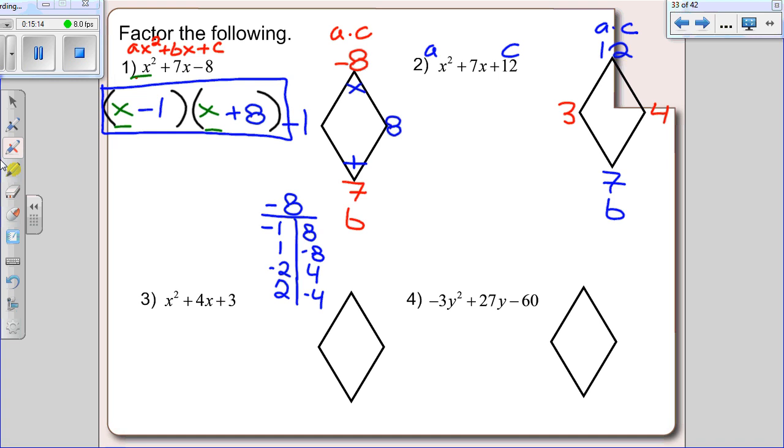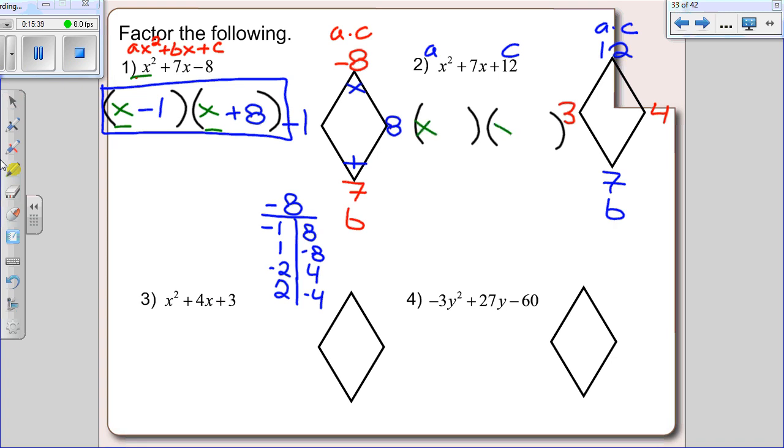Now that I have my diamonds, I know when factoring a trinomial, I would get 2 binomials. I also know the first term comes from the first terms of my binomial. X squared is only going to happen if I have x times x in my first term.